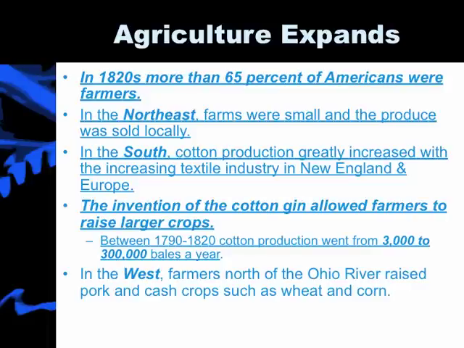In the West, farmers north of the Ohio River raised pork and cash crops such as wheat and corn. But the amazing thing is the production of the cotton. Cotton was the new cash crop. Later on, cotton will be known as king cotton.